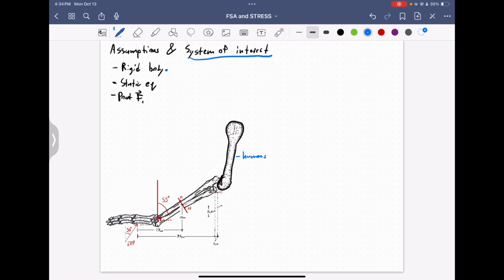So if we assume that the whole body is a rigid body, we're saying that it's almost as if we're freezing this entire arm, right? So like the muscle of the bicep and also tricep are counteracting each other and nothing is moving, right? This joint right here, nothing is moving.